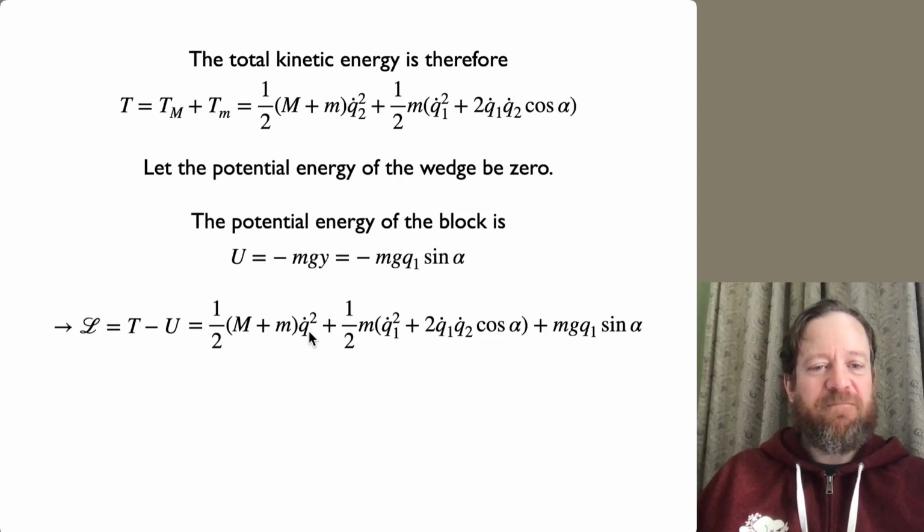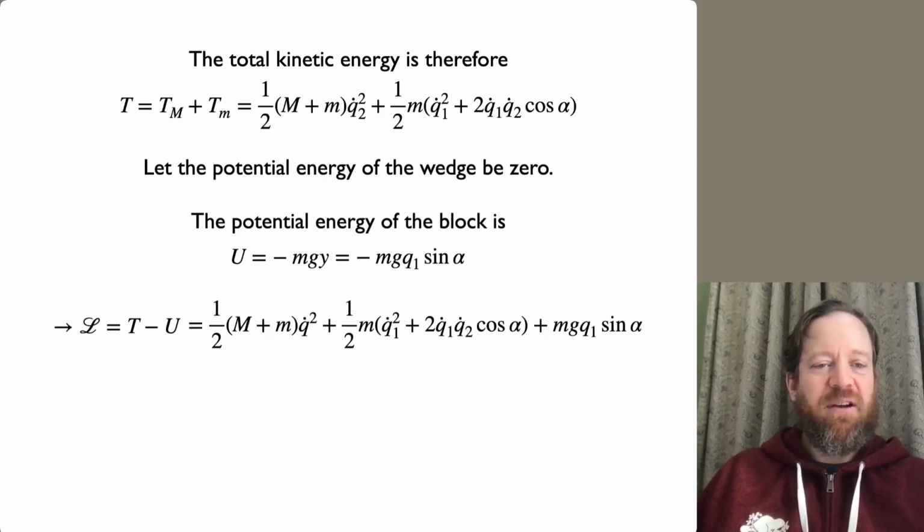I will fix that. Plus 1/2 times m times q1 dot squared plus 2 q1 dot q2 dot cosine of alpha, and then plus mg q1 sine of alpha, where that last term, of course, comes from our potential energy. Okay, the Lagrangian is now obtained.